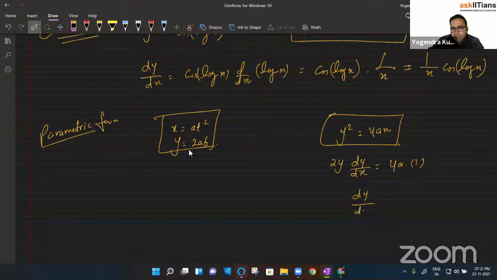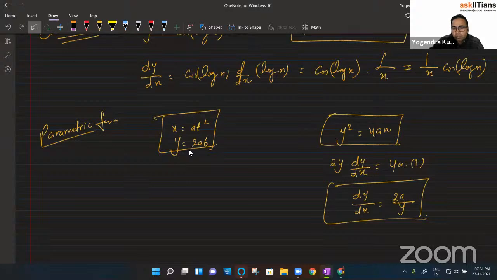So dy by dx is 2a by y. You can put y in terms of x further: 2a by root of 4ax, the 2 cancels, and we get root of a by x. This is the final answer, dy by dx.